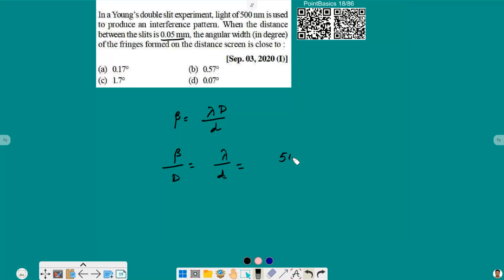So lambda is 500 nanometers, so 10 raised to power minus 9, divided by 5 into 10 raised to power minus 2 millimeters, so 10 raised to power minus 3. And this will give us 10 raised to power minus 2 radian.